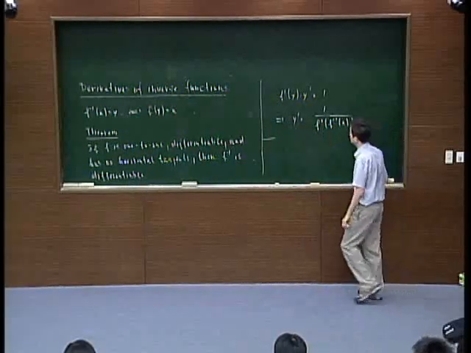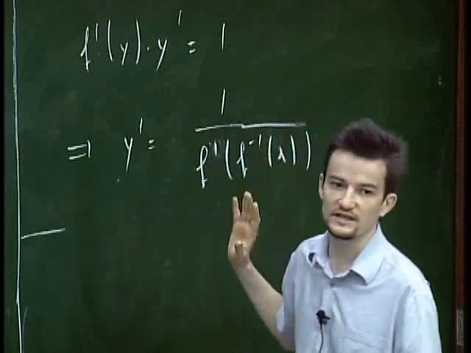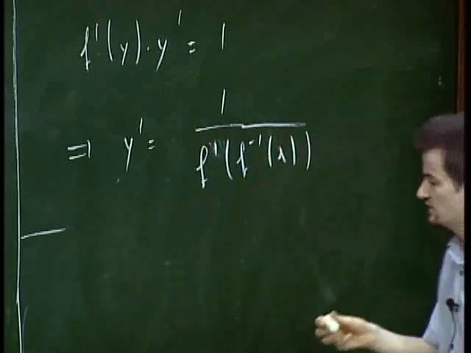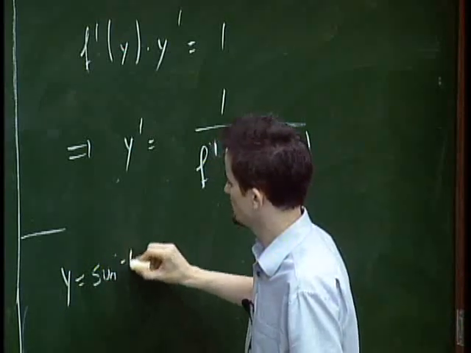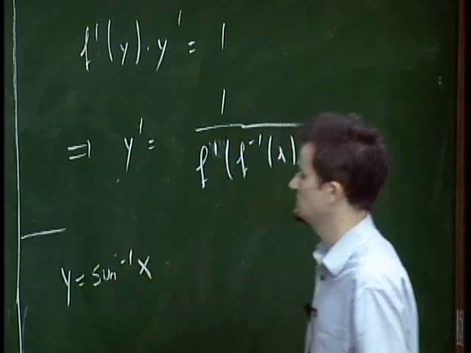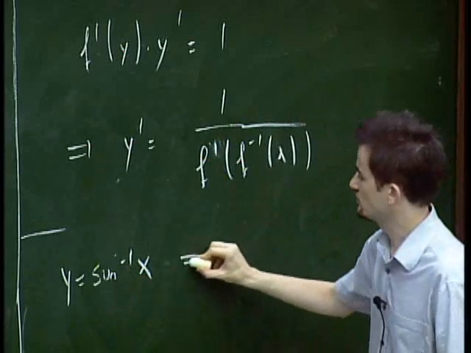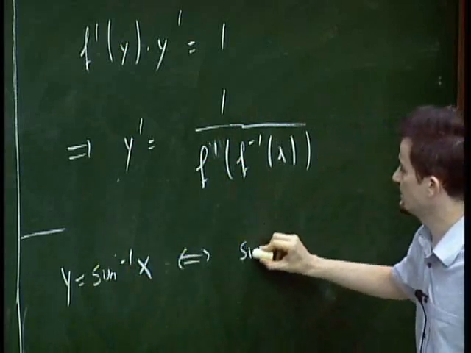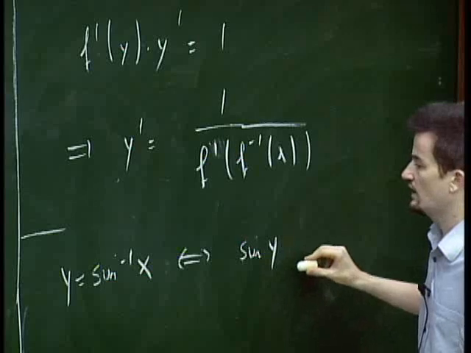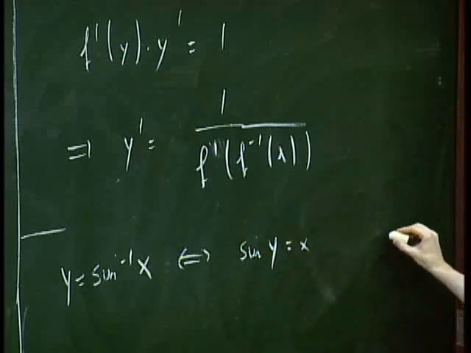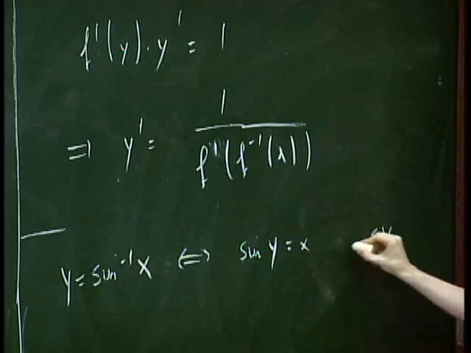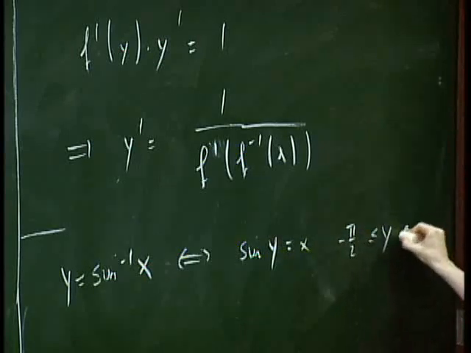For instance, if we look at trigonometric functions, I guess you have done this in high school. If you look at the inverse sine, you can rewrite this as the sine of y is equal to x, and y must be between minus pi half and pi half.